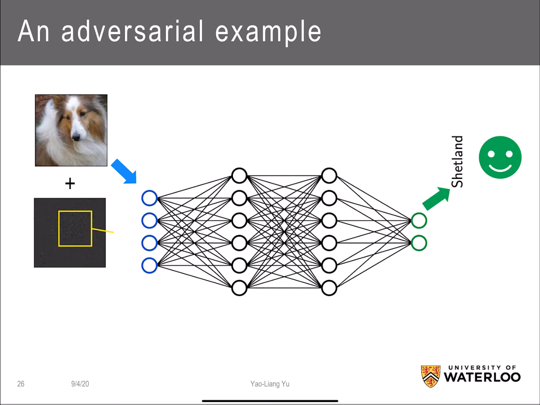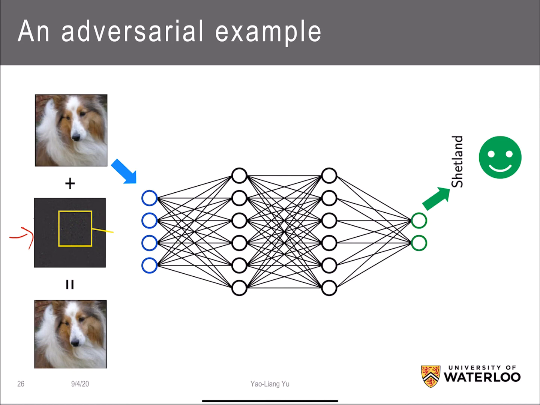I'm going to slightly perturb the input image. So I generate this noise, and then I add it to the original input image. I'm going to get a slightly different image. For a human being, this is still a dog, the same dog, the Shetland. I should predict Shetland.